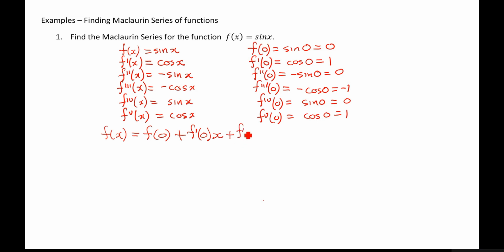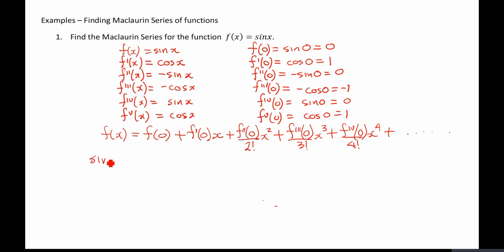Next term, second derivative at 0 over 2 factorial x squared. Third derivative at 0, over 3 factorial x cubed. Well, there's the pattern. Fourth derivative at 0, over 4 factorial x to the power 4 plus, and so on.